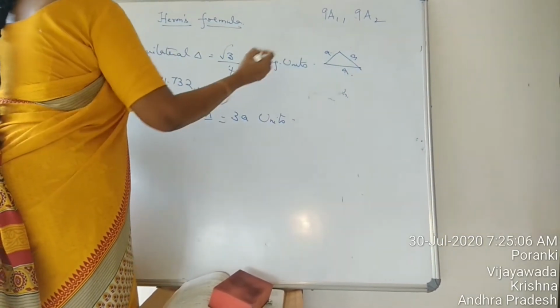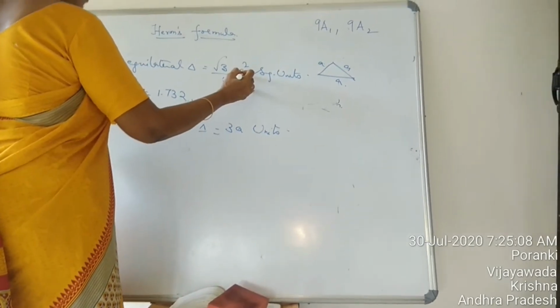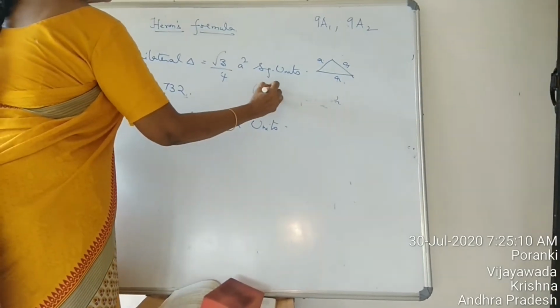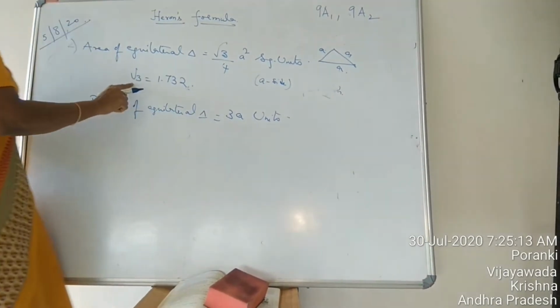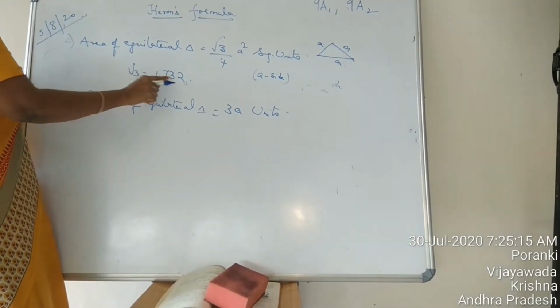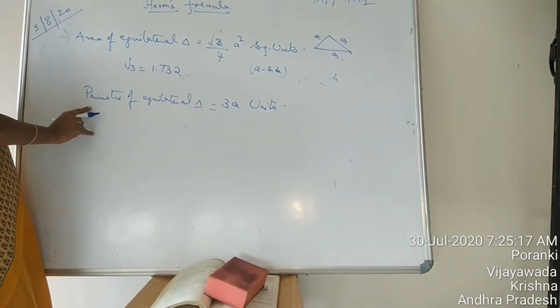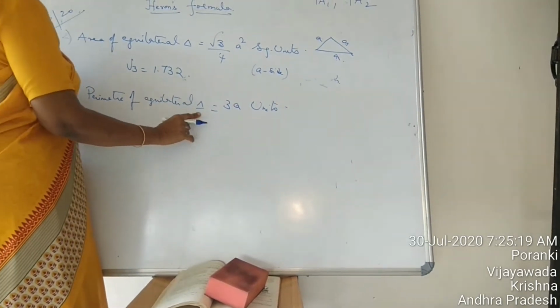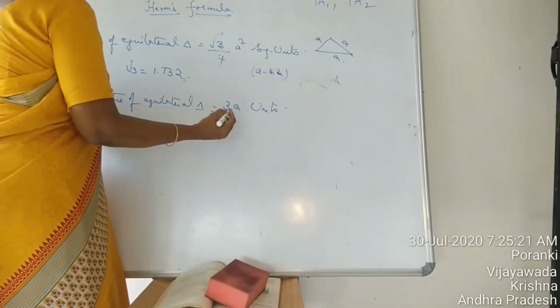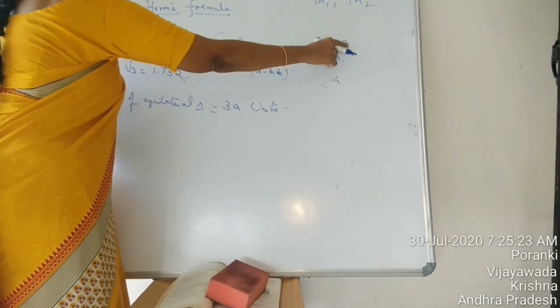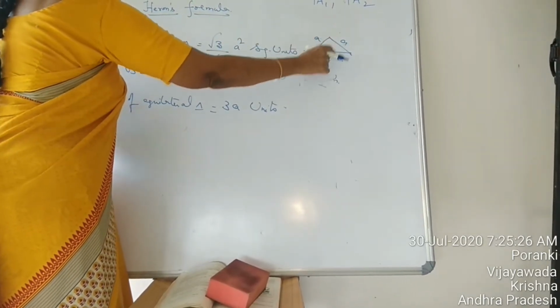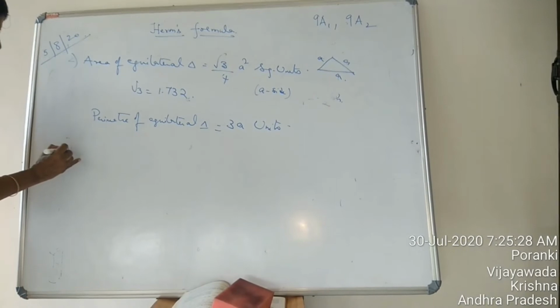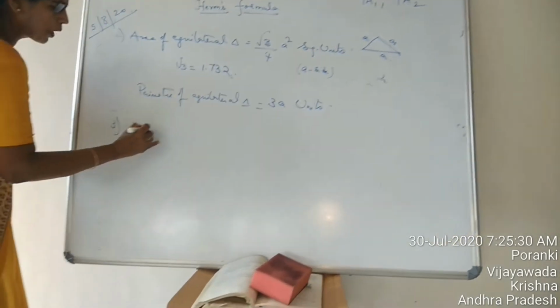Therefore, root 3 by 4 a square units, where a is the side, and the value of root 3 is 1.732. Perimeter of equilateral triangle: all the sides are equal, a plus a, 2a plus a, that is equal to 3a units.